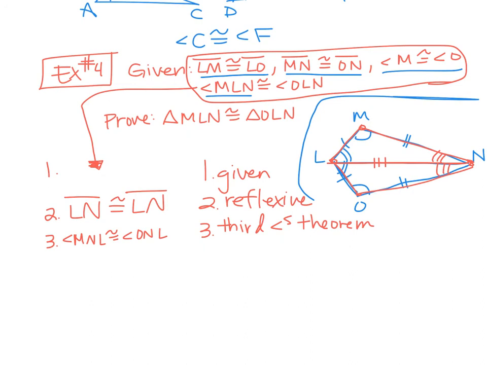So what they asked us to prove, that the triangles are congruent, has been done. Why? Definition of congruent triangles, right? Congruent triangles have to have 3 pairs of corresponding sides and 3 pairs of congruent corresponding angles.